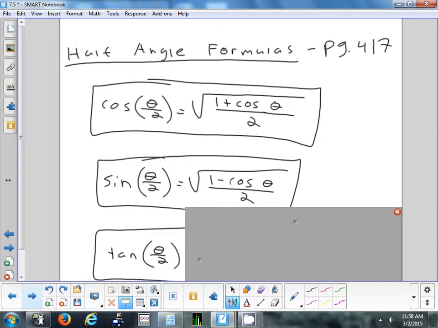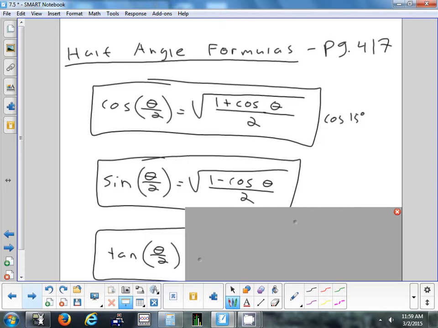So what something like this would do, this would actually give you another way to find, let's say I asked you to find cosine of 15. And you said, you know what, I know there's a way to do it using the sum and difference, which would be 45 minus 30. Let's say you didn't remember that formula.